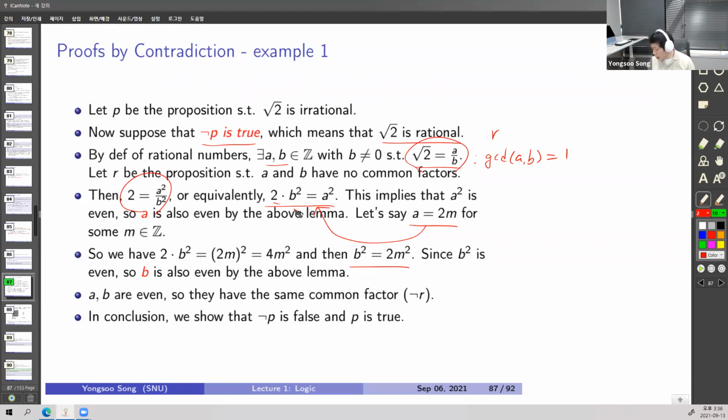So we repeat the same argument to conclude that B is again an even number. So we know here A and B are both even integers, so they definitely have a common factor too. So this proposition R is false. So R is true, and the negation of R is also true. So we can conclude that the first assumption is false, meaning that the original statement, proposition P, is true.